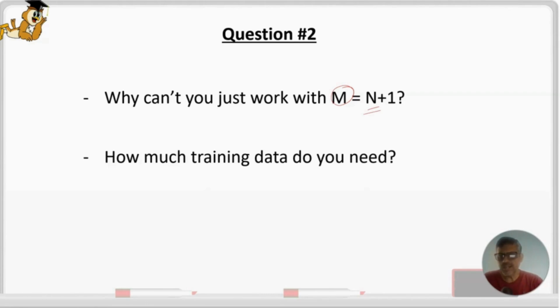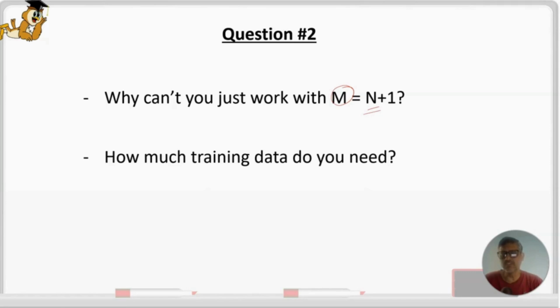Right now we are not going to answer this question. The reason I'm asking this question right now is because after we are done with linear regression, we are going to jump into the theory of learning. We'll do a couple of lectures or more on theory of learning, and we will essentially address this exact problem: how much training data do we need?